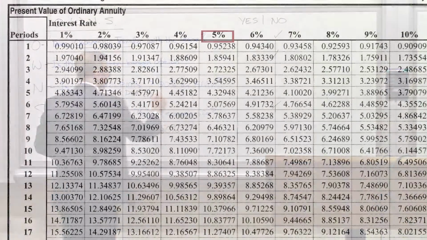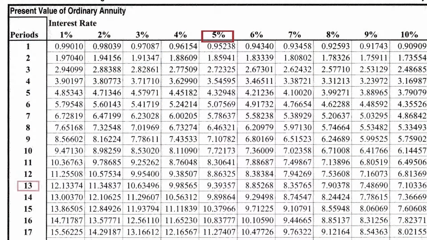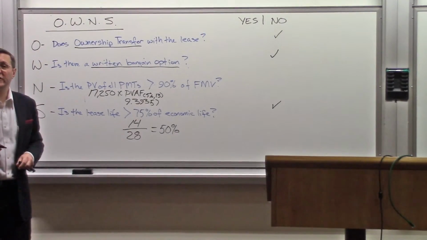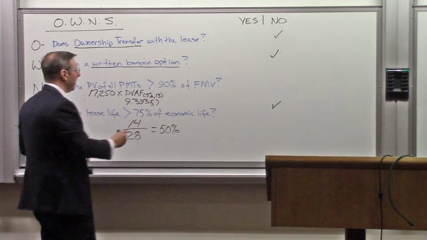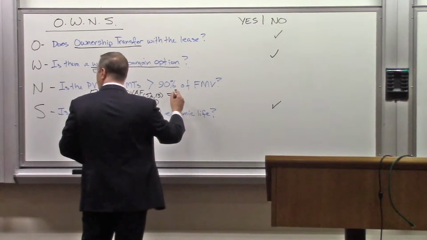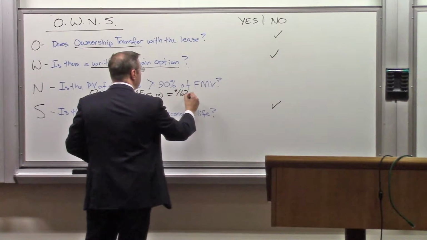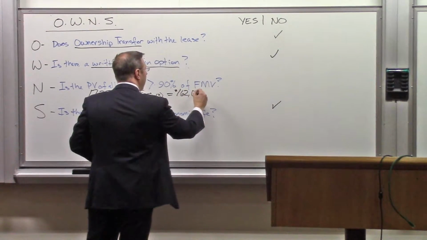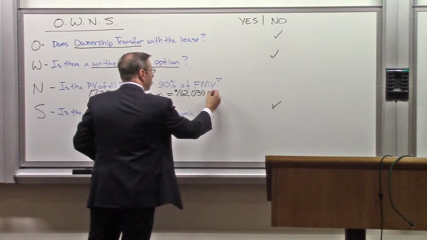So we go to our tables, 5%, 13 periods, and we find that number to be 9.39357. We multiply that by 17,250, the payment, and we find out that the present value of those future payments is $162,039.08.